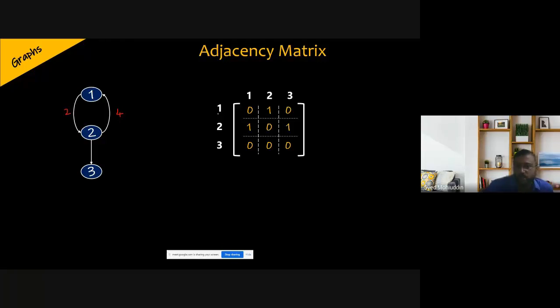So for 1 to 2, in row 1, 2nd column, instead of 1, we will have the value 2. And for 2 to 1, second row, first column, instead of 1, we will have 4 as the value, if the edges are weighted edges.